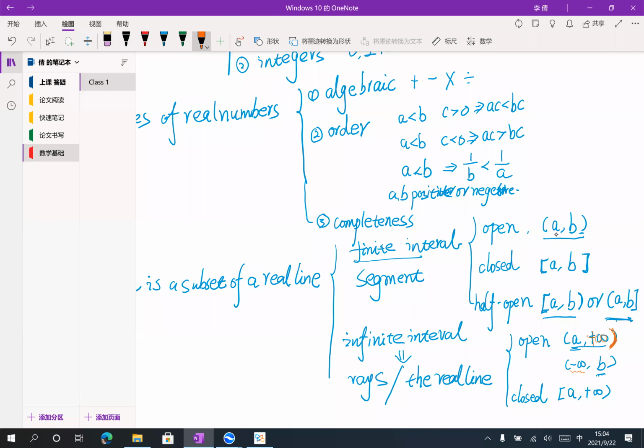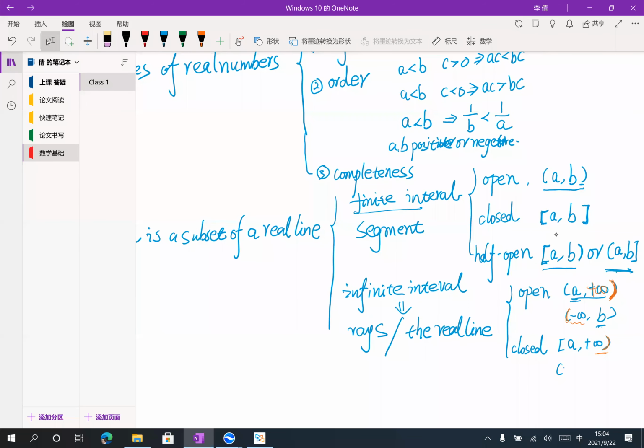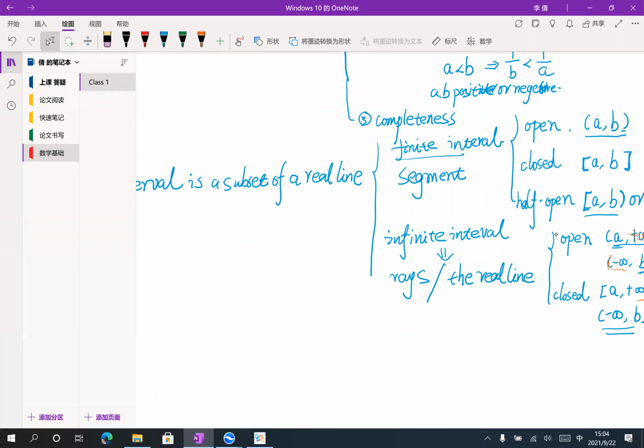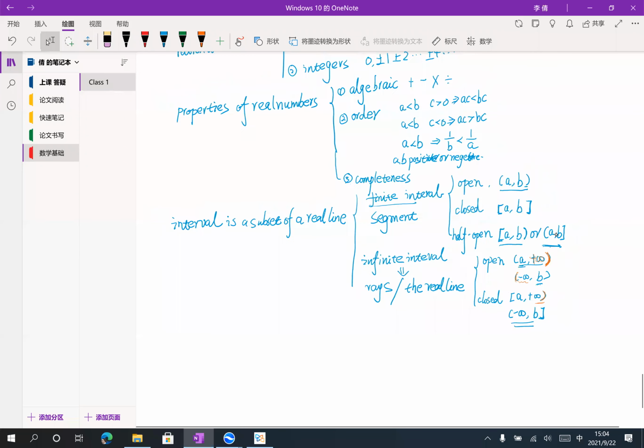And then a closed interval like negative infinity to B contains the point B. An interval like this is a closed interval. These are the intervals.